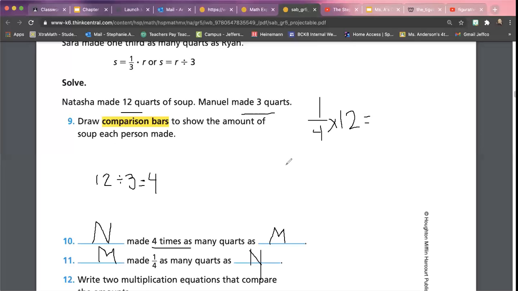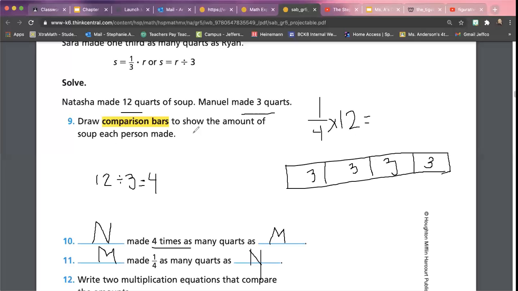Or if I like the comparison bars, I could say this is a 12, split it into fourths, right? And then I know that 3 times 4 is 12. So those are two different strategies you could use today.